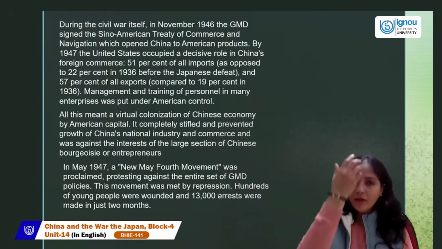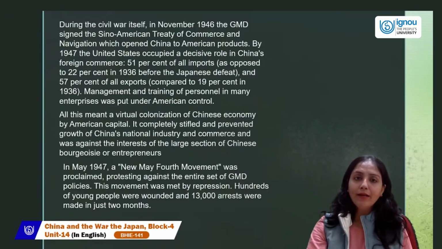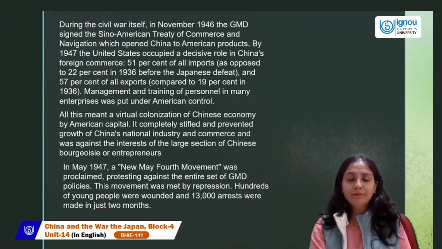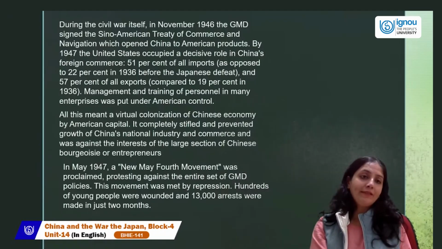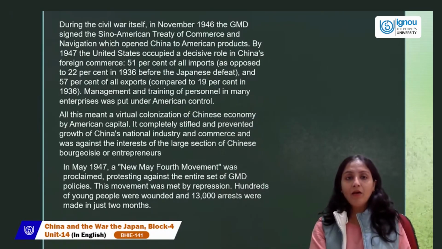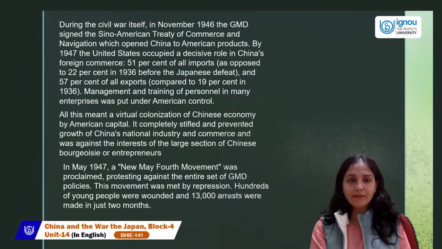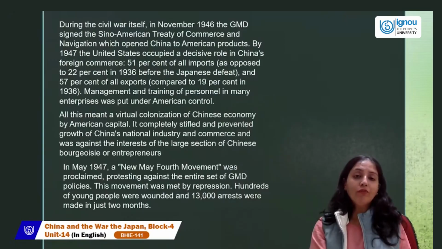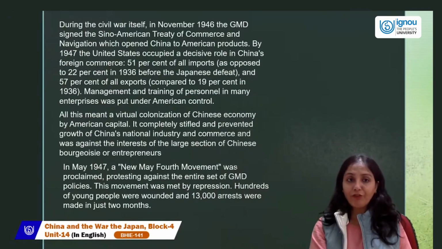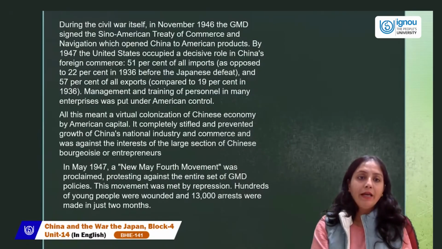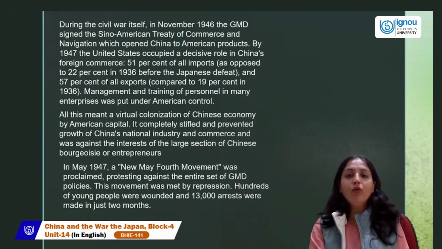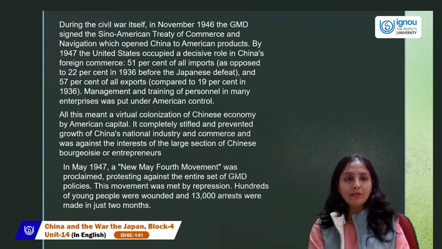By 1947, the United States occupied a decisive role in China's foreign commerce: 51% of all imports, up from 22% in 1936 before the Japanese defeat, and 57% of all exports.